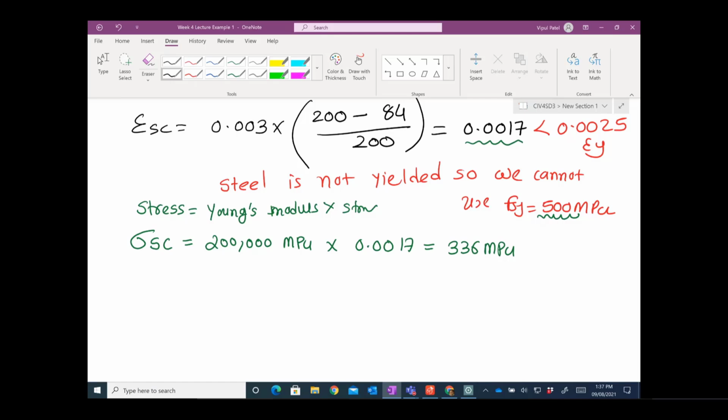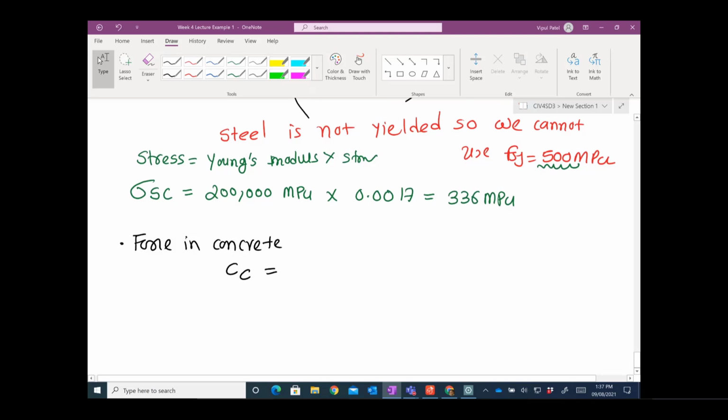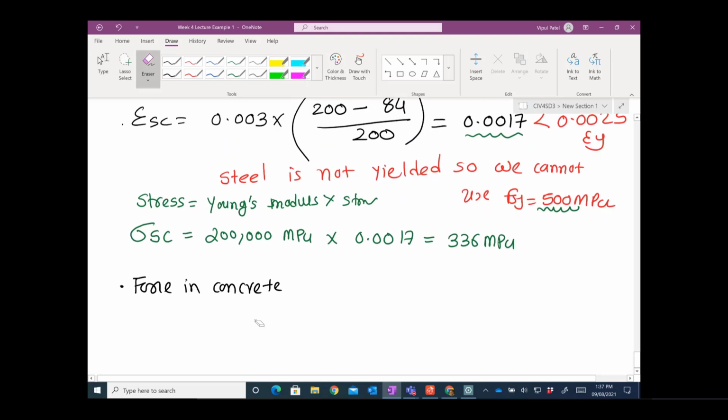Now we can also calculate the force in the concrete, remember CC. Sorry, first we calculate the force in the rear, because we know the stress. Now we can calculate the force in the top rear, which is 336 times the area.